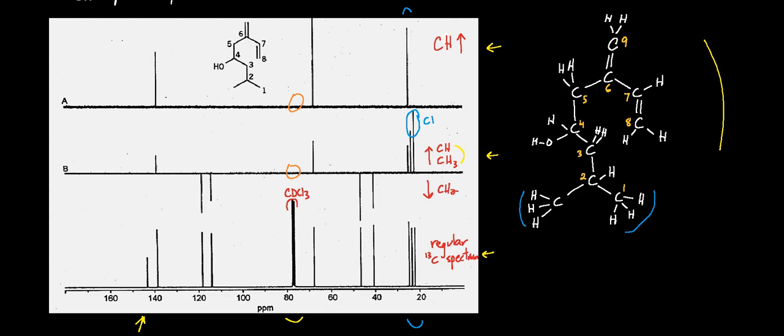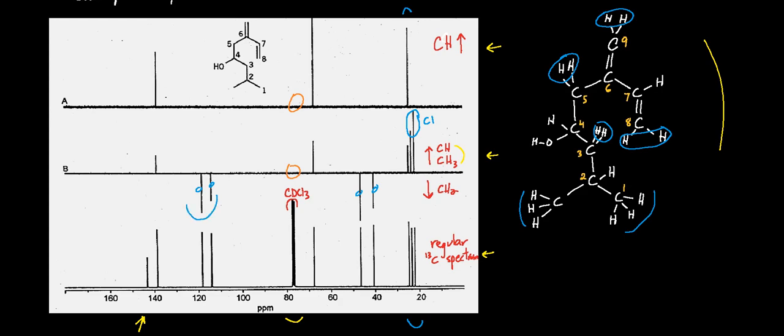Now how many CH2 groups do we have? 1, 2, 3, 4 CH2 groups. We have 1, 2, 3, 4 CH2s, methylenes. Look how much more deshielded these are.